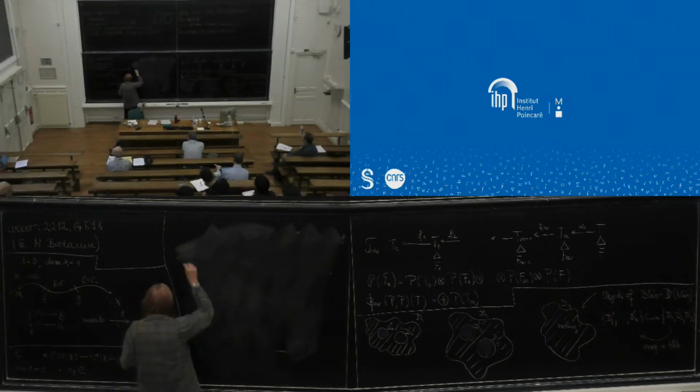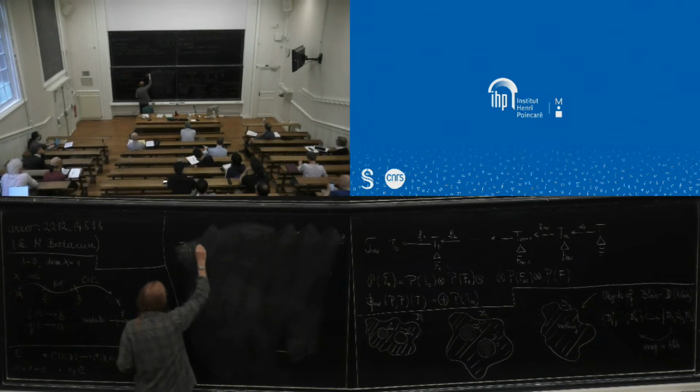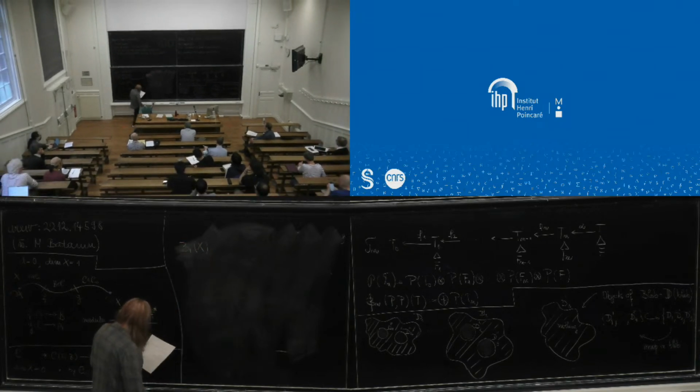So B0 is just the fields on X. So B1 of X is the following pieces of data.